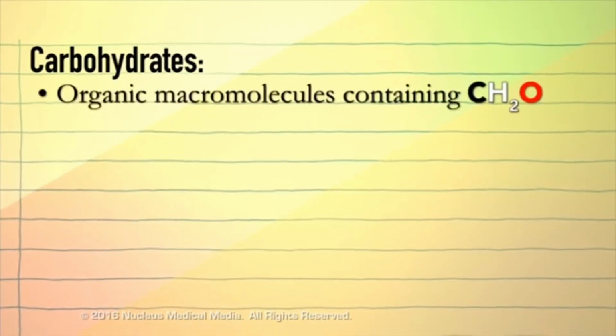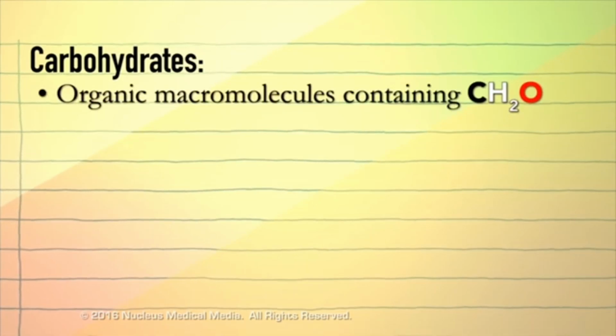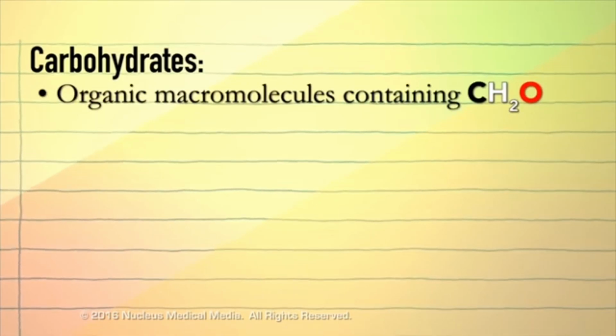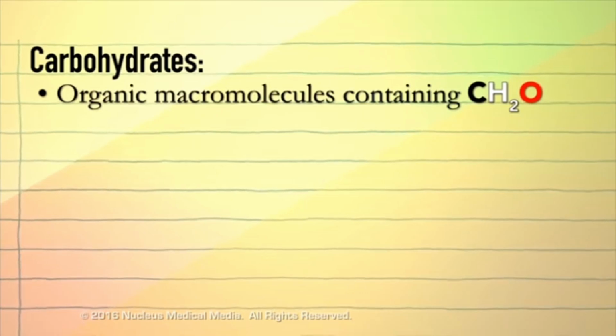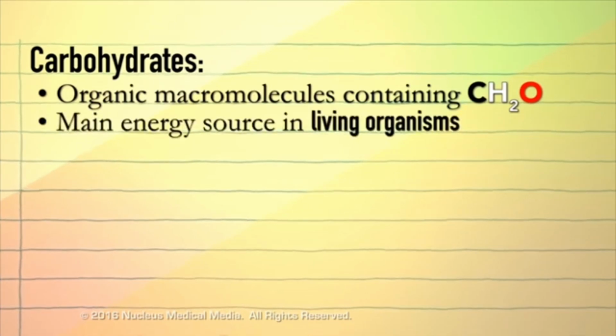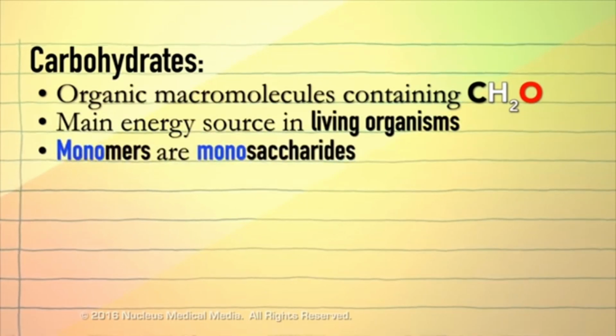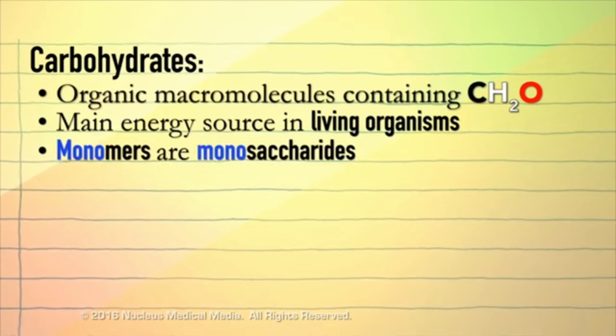Carbohydrates are organic macromolecules containing carbon, hydrogen, and oxygen in a 1:2:1 proportion. Carbohydrates are the main source of energy in living organisms. Carbohydrate monomers are simple sugars called monosaccharides.